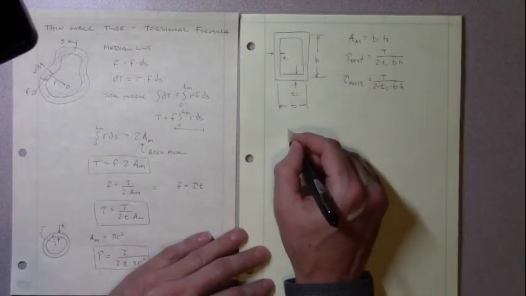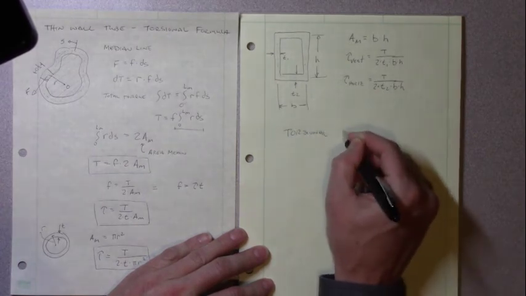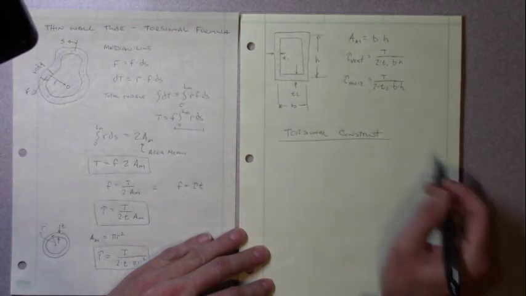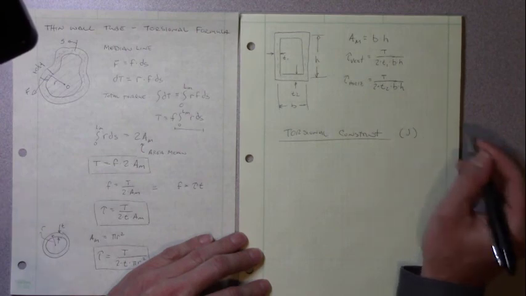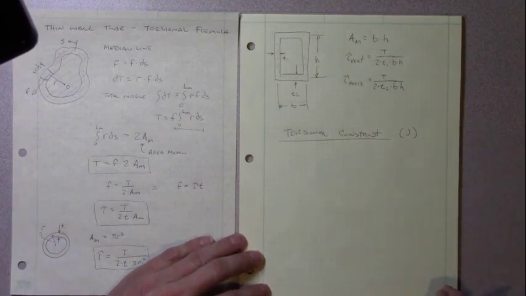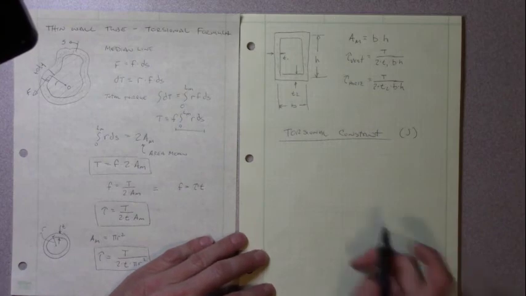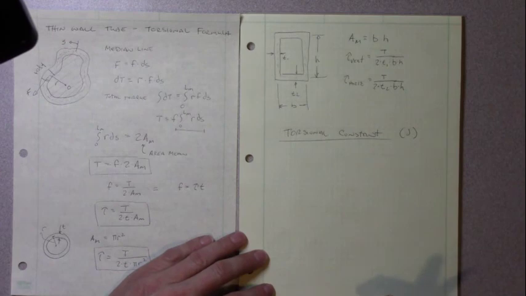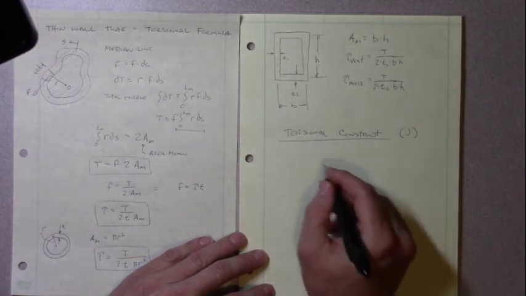So next we're going to talk about torsional constant. We've talked about torsional constant in the past. This is our J. We've used this in multiple equations in the past. Now the book will go through and do the total derivation, but I am just going to give us our J equation.